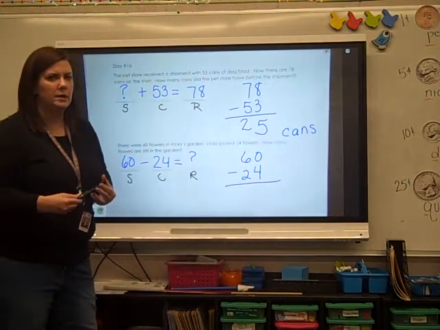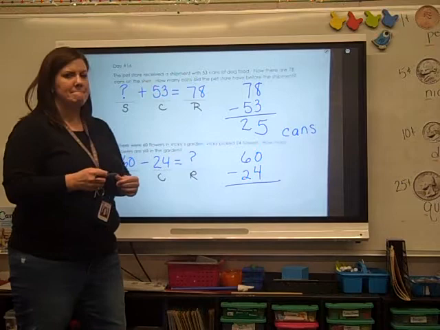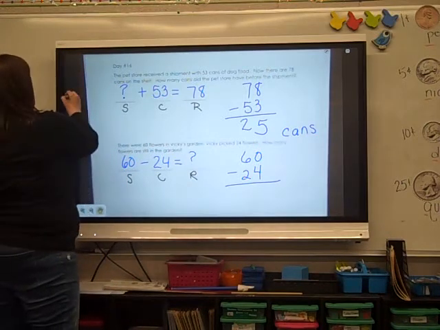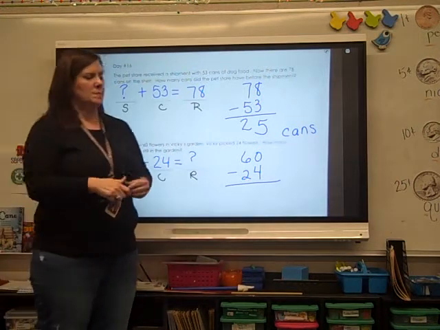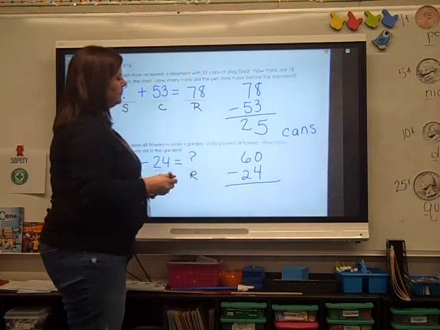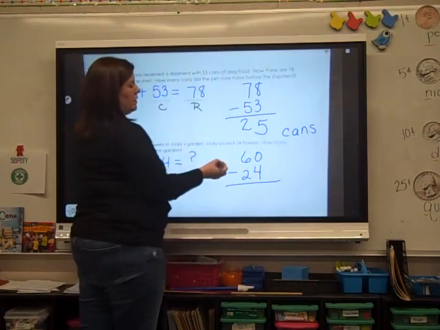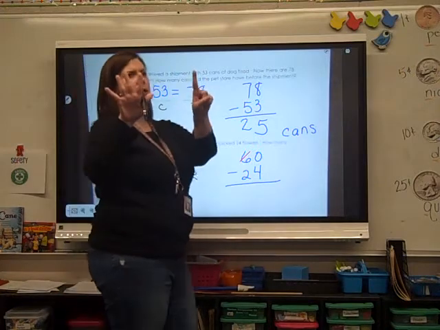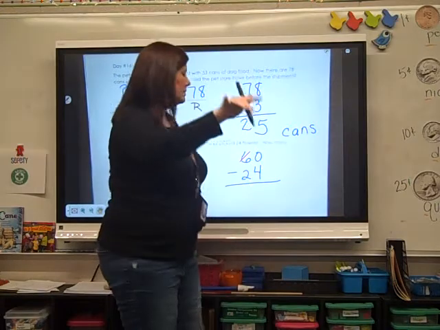I'll give you a second to do it. Okay, so if I can't 0 subtract 4, I can't, I've got to go grab a 10. So if I have 6 10s and I move one over, how many are left?